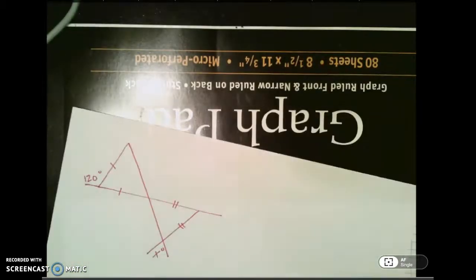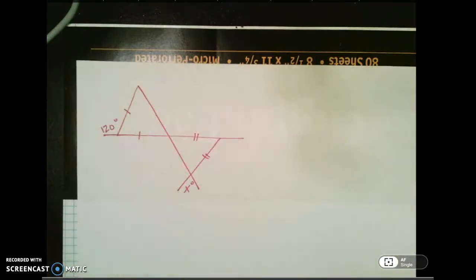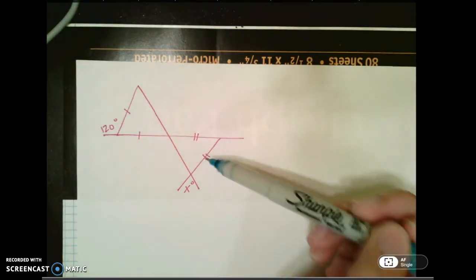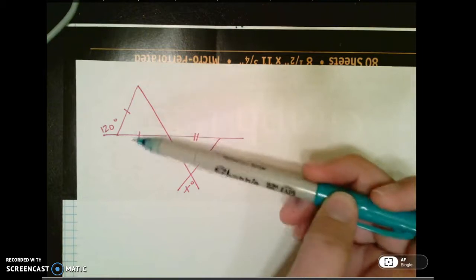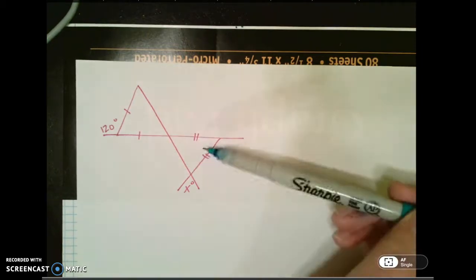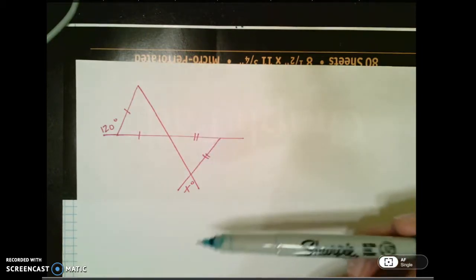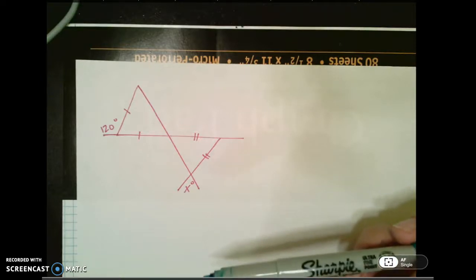Okay, our last example is a little bit bigger. It looks like this. So in this example, I have two different isosceles triangles. Notice this triangle has one tick mark on each congruent side, and this triangle has two, which means they're not necessarily the same. But we can still figure it out.